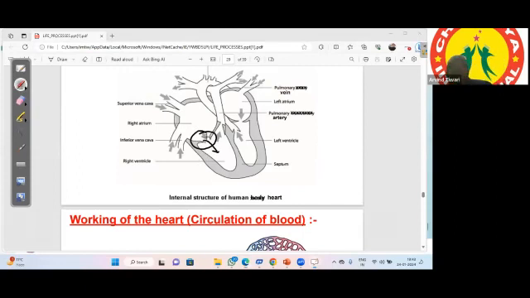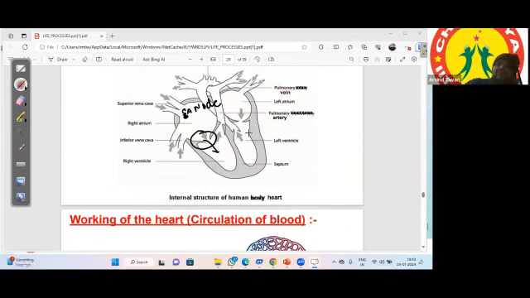Once the ventricles are filling up, an impulse originates from this area, and this area is called the sinoatrial node. From this region of the heart, the SA node, you have the starting of the electrical impulse, which gives rise to the contraction of the heart.